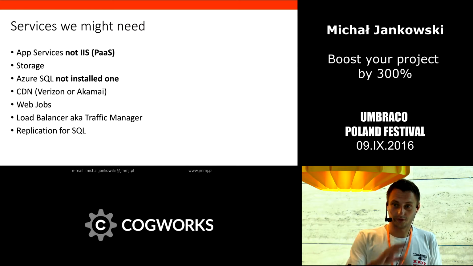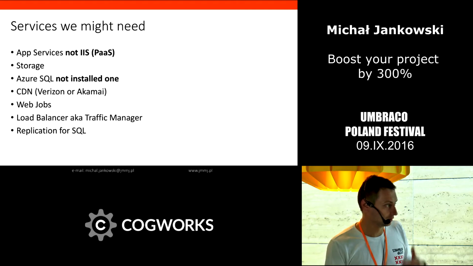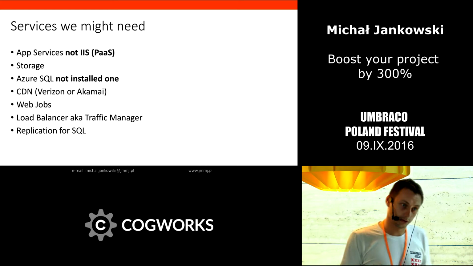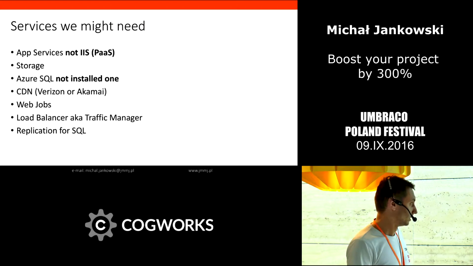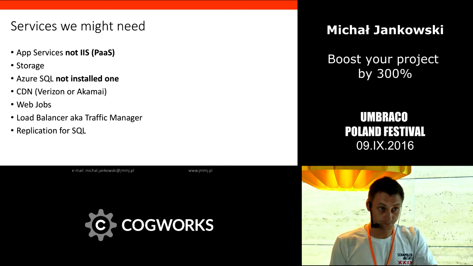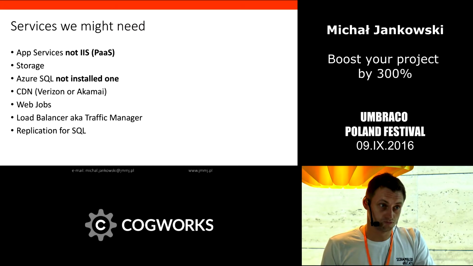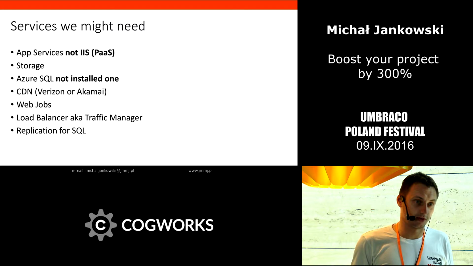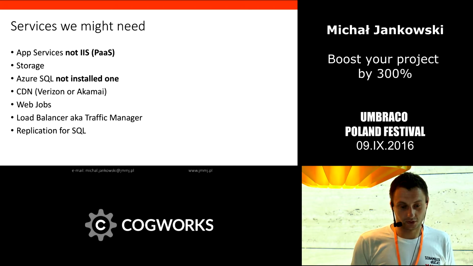Anybody doesn't know? All right. It's PaaS, so we can choose from different technologies. It's normal IIS, and it will host Umbraco perfectly. The other thing is storage, which is normal, some disk connected with a NAS interface, with nice .NET APIs. We want to use them.